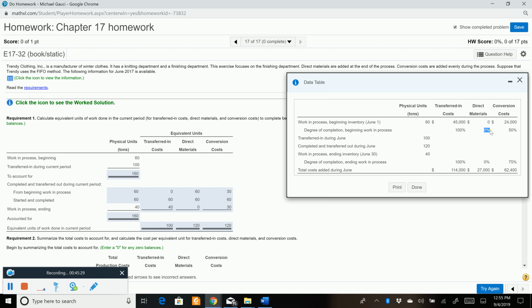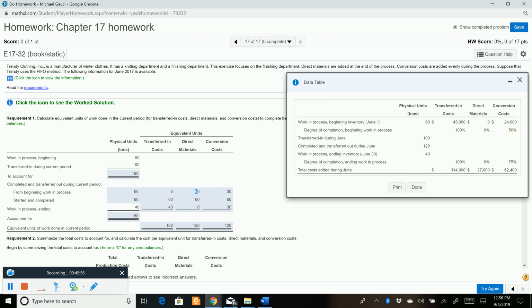Now how about direct materials? Direct materials, the author is telling me 0% were in the beginning WIP. Conversely, that means 100% of the direct materials were added during the current process. So 60 physical units times 100% will give us 60 as equivalent units.